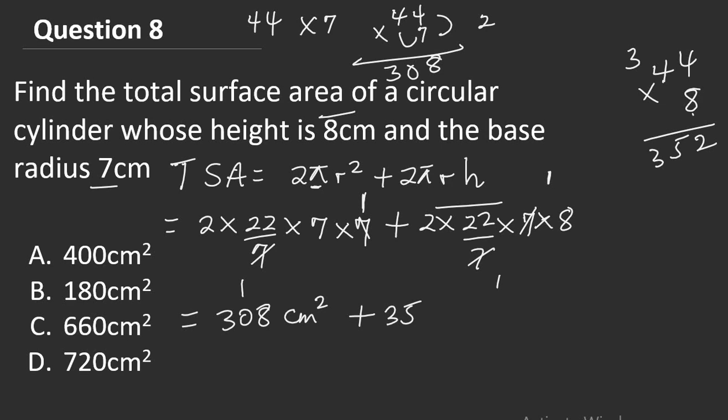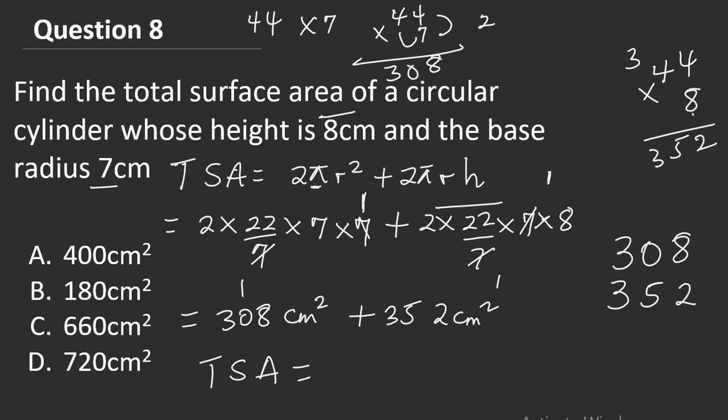So let's write this properly. 352 centimeter square. So the total surface area, TSA, we just add up. That's 308 and 352.